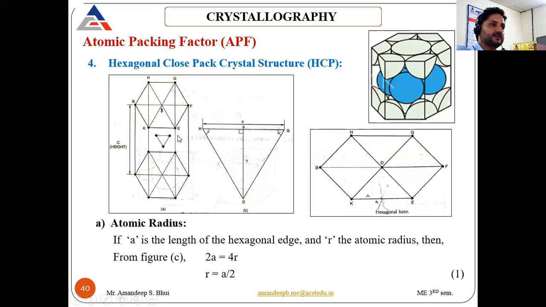It is a sandwich. So at the center we have 3 full atoms placed between the top and the bottom face.